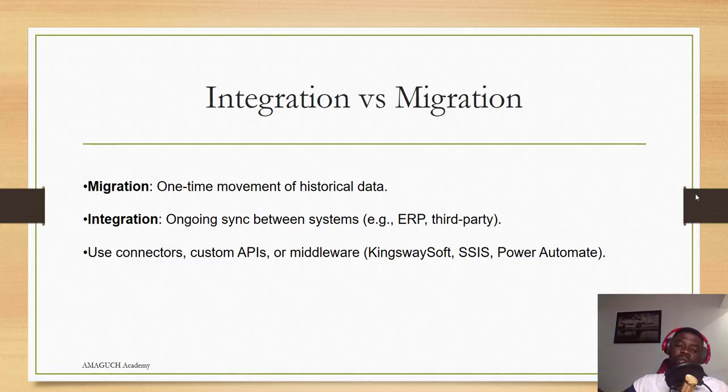Data will be changing on this source, and as data is changing on this source, you also want to be reflecting those changes on Dynamics, on Dataverse. That's where integration comes in, and you could use different third-party systems. You could also build a pipeline for things like that. Use connectors. We have some tools like the KingswaySoft that could help with that. We have SSIS. We also have Power Automate, which is what we showed earlier on.